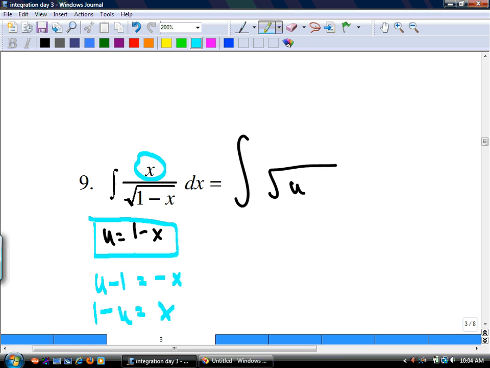Is that okay? So, what do you let du equal?